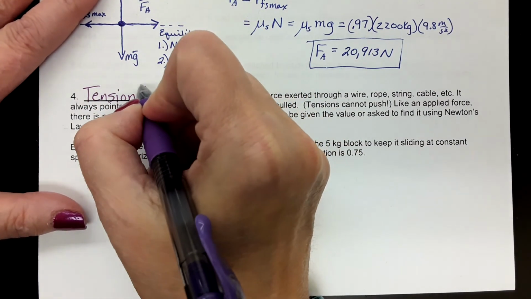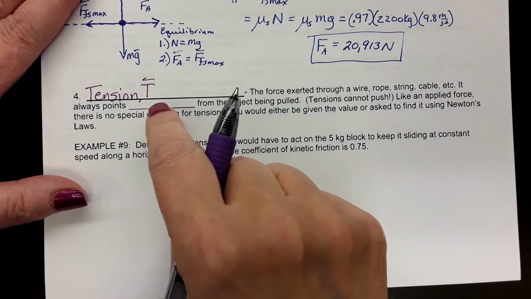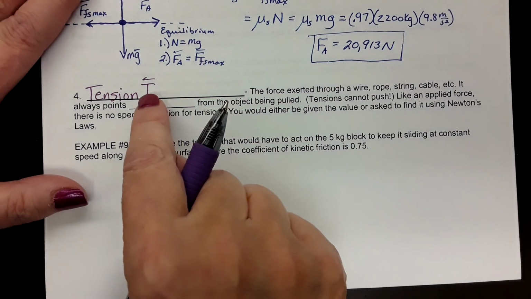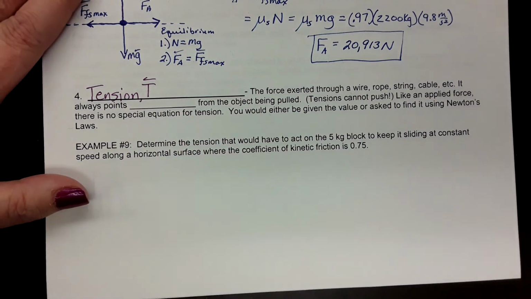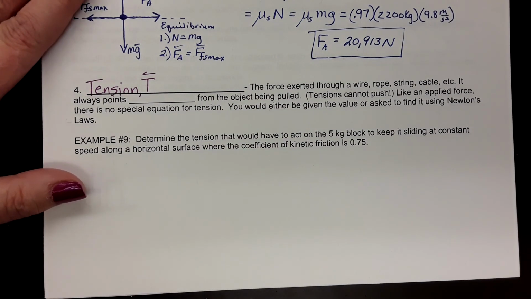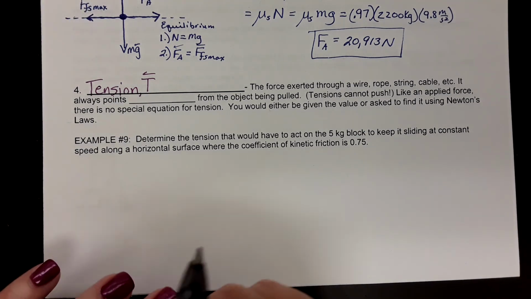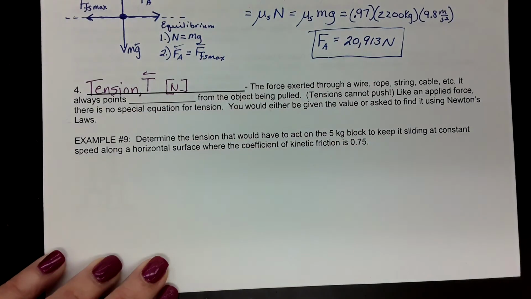Now, in the past, a lot of scientists have used a capital F sub T, but today a lot of physicists just use a capital T to represent tension, kind of like we use a capital N to represent normal force. And just like all forces, it's measured in the Newton.